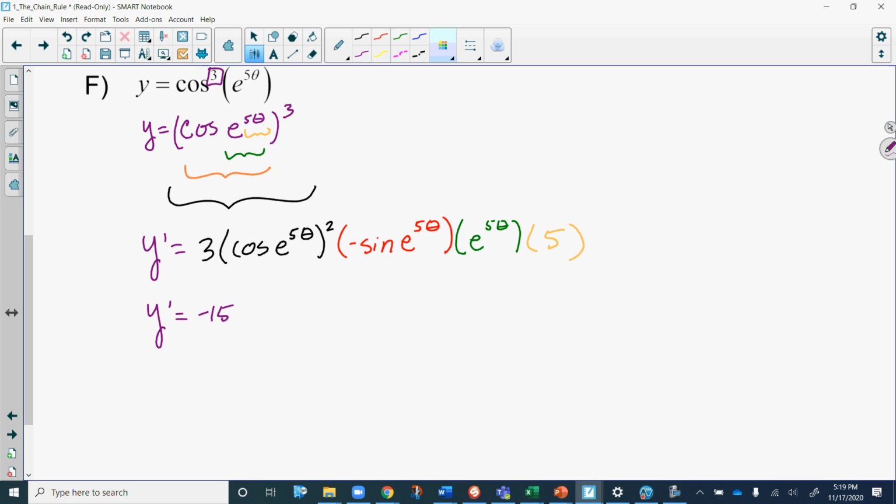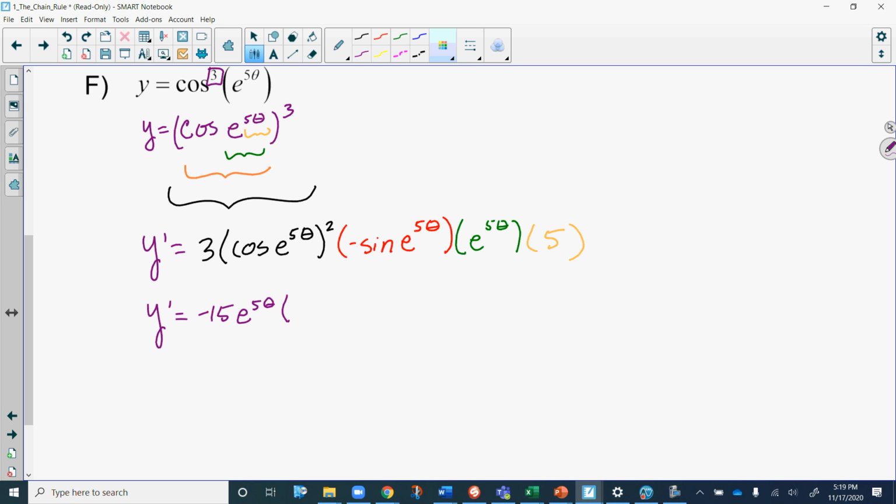And here we're going to say, well, we have multiplied e to the 5 theta. And then we have, now cosine and sine, some people are going to just write it out the way that it's written, cosine, and some people insist on writing sine first. So it really doesn't make a difference which one you do.